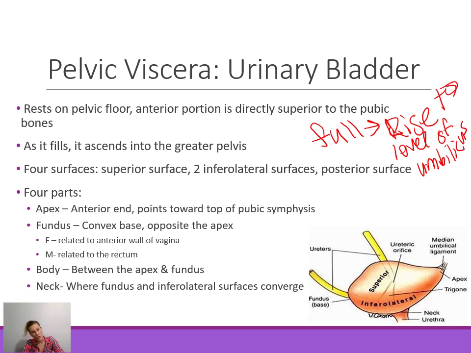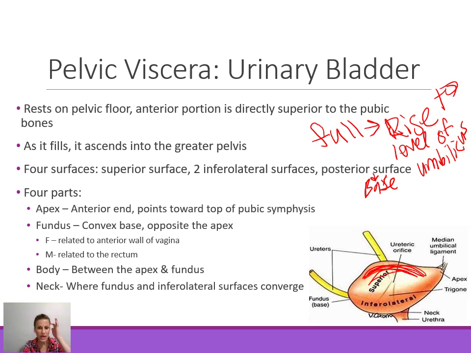The bladder has 4 surfaces and 4 parts. The surfaces are the superior surface, 2 inferolateral surfaces, and a posterior surface or base. The superior surface is this surface up here, right at the top.